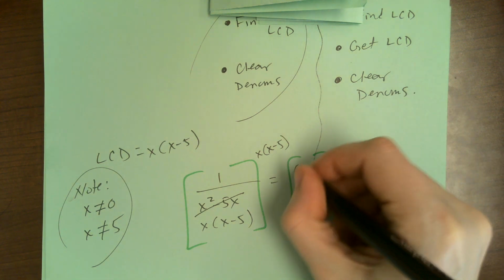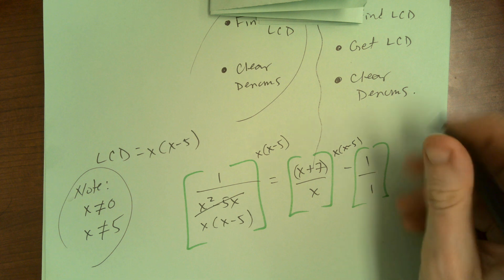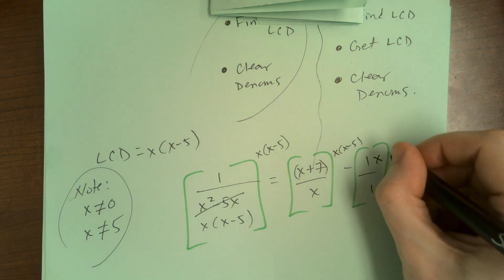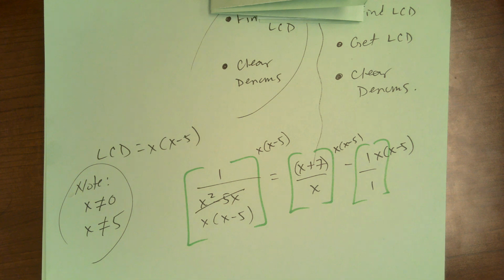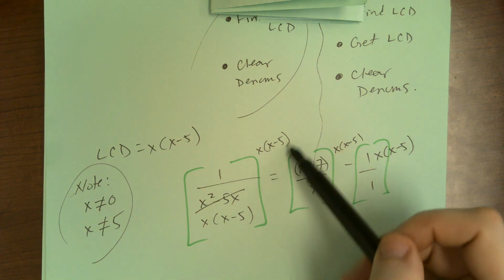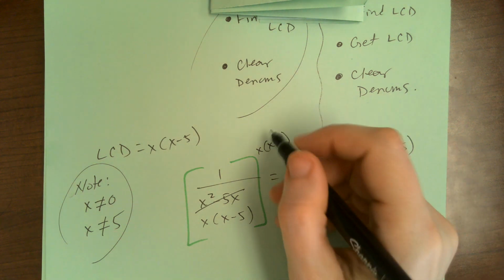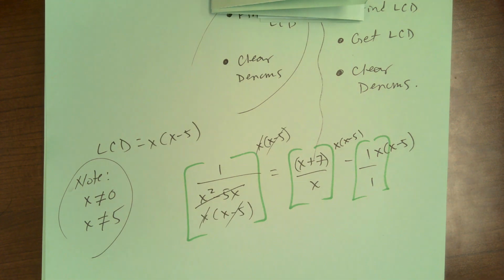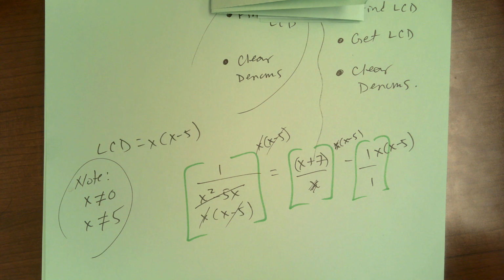So I'm multiplying every single one of these by x times x minus 5. Okay. Now let's see what cancels. So this x times x minus 5 is on the top, but this one is on the bottom, both of these. So the x's are canceling and the x minus 5s. Okay, now here, this x is canceling with that x. Over here, nothing is canceling.